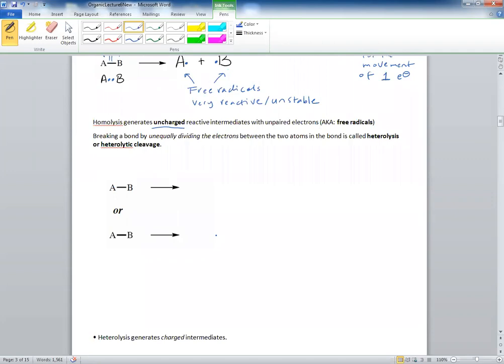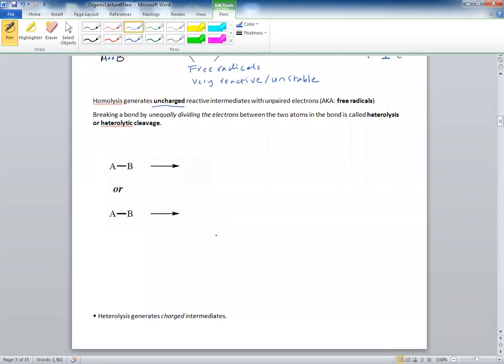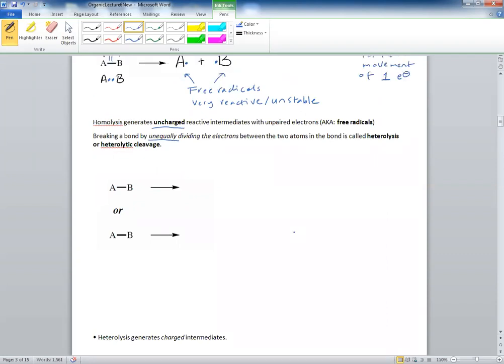We'll look at examples. The second type, which is more common and more important, is called heterolysis, or heterolytic cleavage. What happens here is that you have an unequal division of the electrons between two atoms. That's why it's called hetero versus homo.